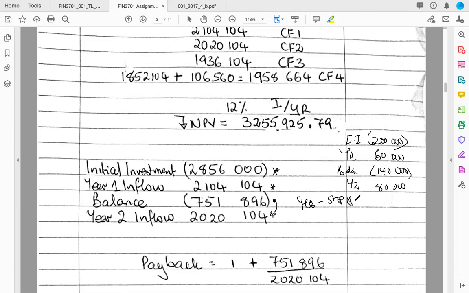Then we say negative 140 plus 80,000, we get negative 60. So you see, we keep continuing because the balance is more than the next year's cash inflow. Here we have a balance of 60.